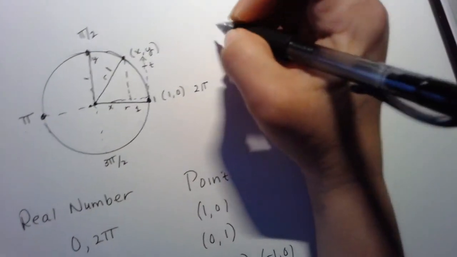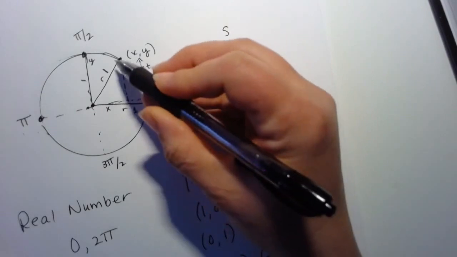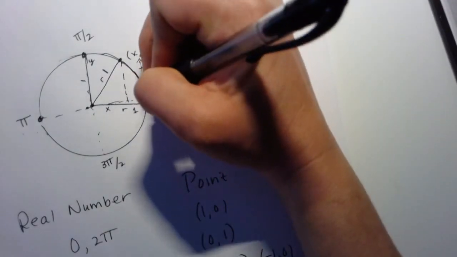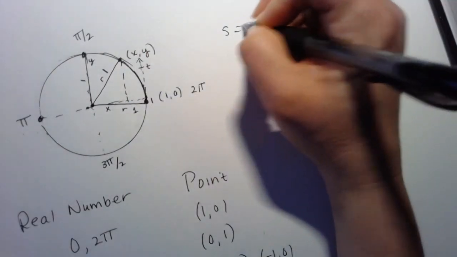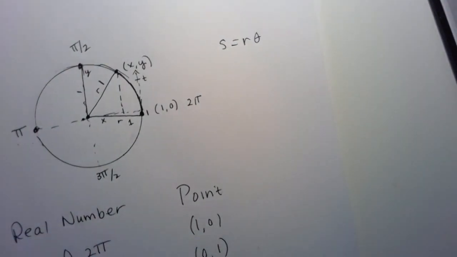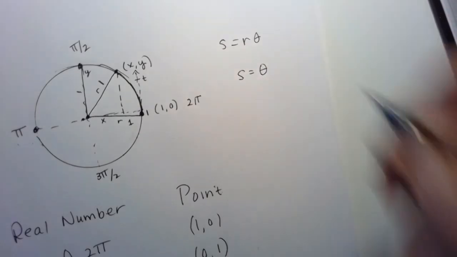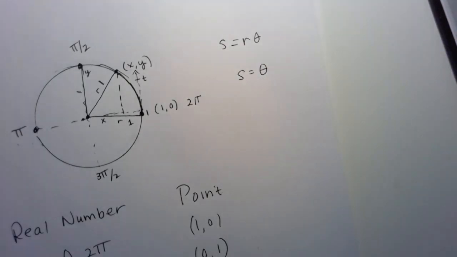We do know that the arc length S, this length here, is equal to r times theta. That's from the previous lecture. In our unit circle, my r is always 1. So essentially S is equal to theta. That's kind of a nice thing.